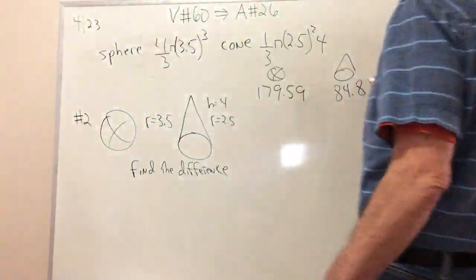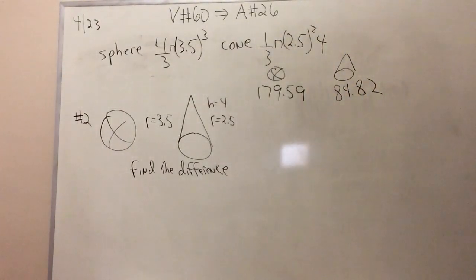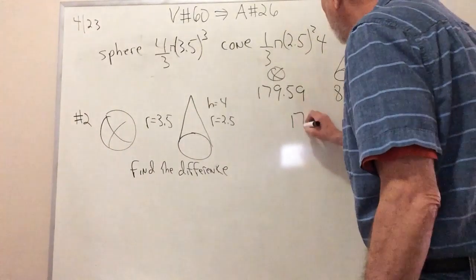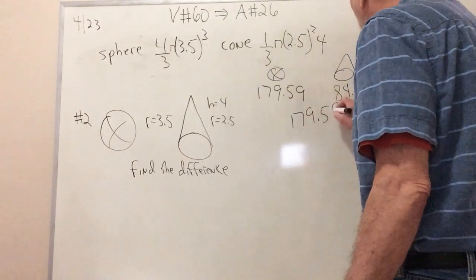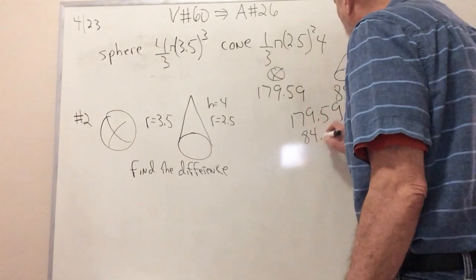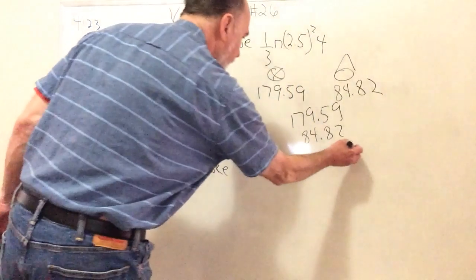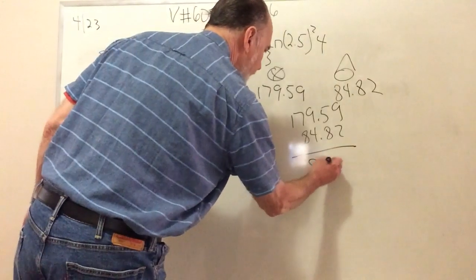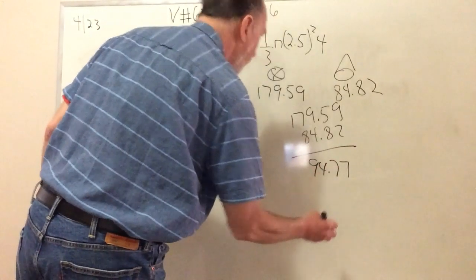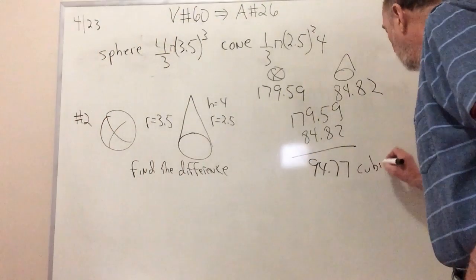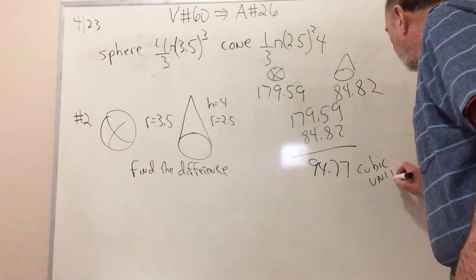That should be good enough. Just about all of it's a multiple choice test. So obviously the sphere has more volume than the cone. You subtract, and you shouldn't have a difficult problem with a calculator in your hand coming up with 94.77 cubic units. And we've done these problems.